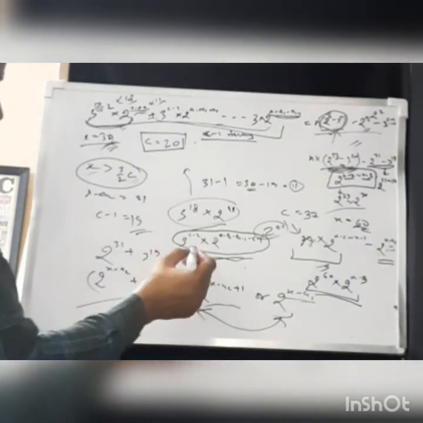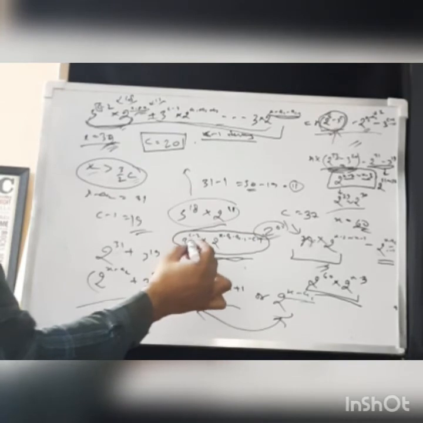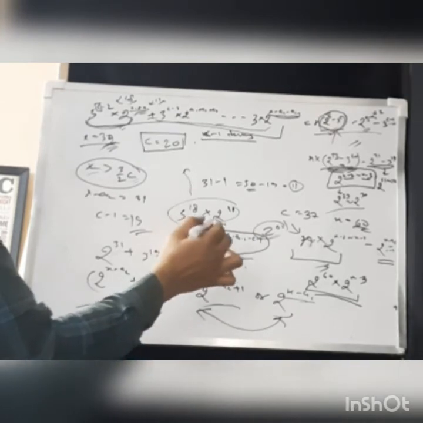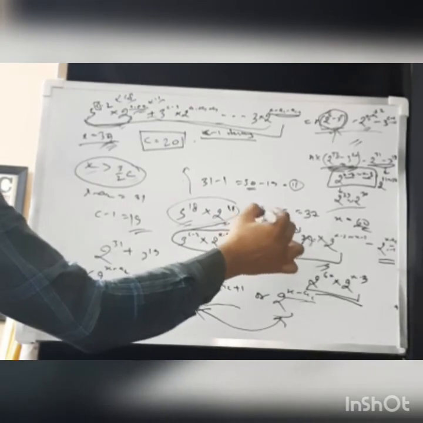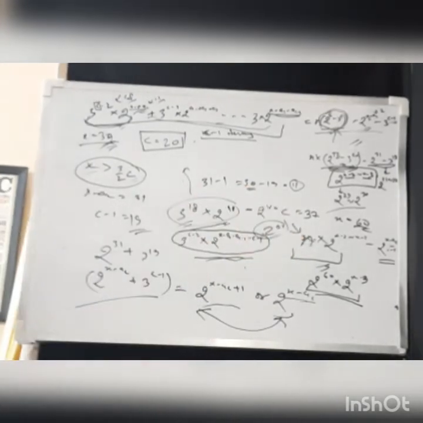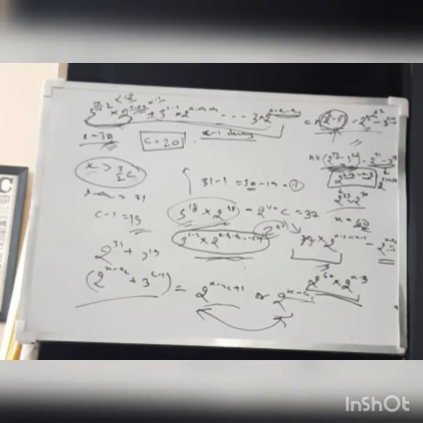So when you calculate this, you will realize that 3 to the power 18 multiplied by 2 to the power 18 is nearly equal to 2 to the power 40, or 41.